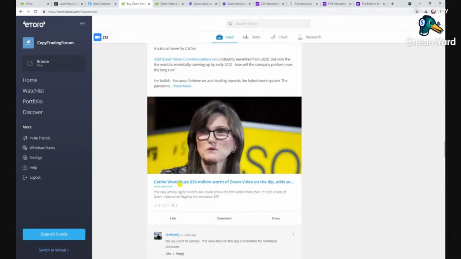Well, when the CEO came out and said that he expects a drop in growth over the next quarter because everyone goes back to work. But you can see here, Cathy Wood buys 56 million of Zoom video on the dip. So this investment fund is a big investment fund. She bought like 56 million worth of Zoom stock. So that's good news too, so it's kind of mixed.